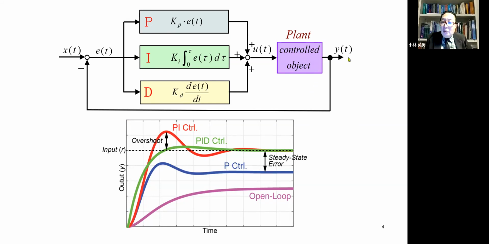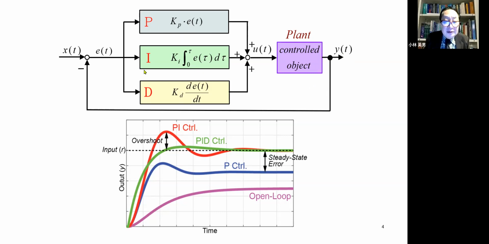Then Y(t) is usually output. Then this is usually feedback, negative feedback, so a minus sign is used. P is, as I explained, proportional. Proportional means E(t), error, times Kp, the proportional gain.